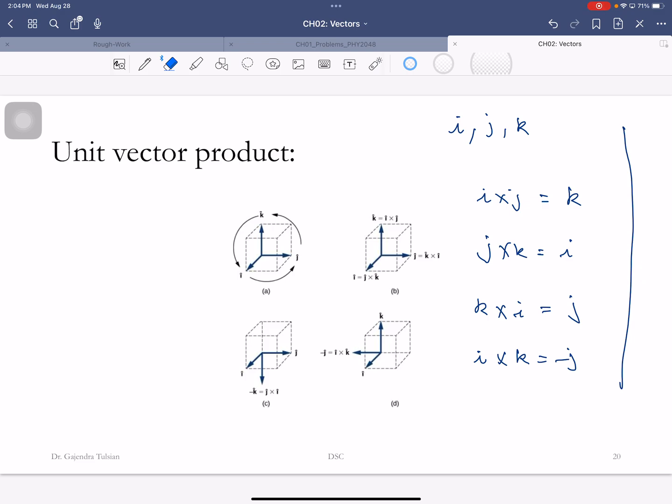There are 2 ways of multiplying vectors: the scalar product, where the answer is a scalar, and the vector product, where the answer is a vector. The cross product is the vector perpendicular to the plane containing the 2 vectors, and you use your right-hand rule to figure out the direction. All right, guys.